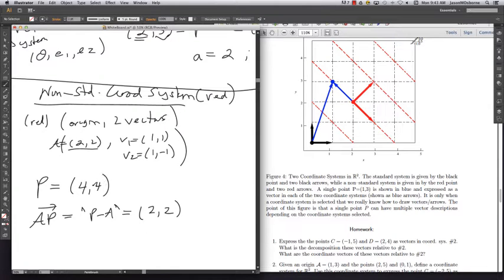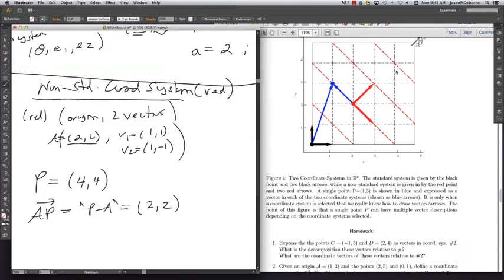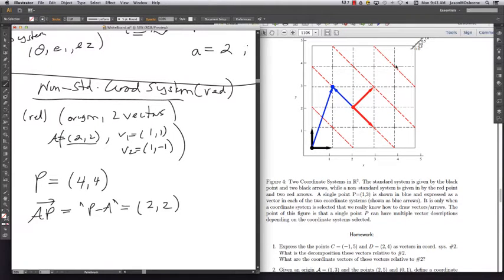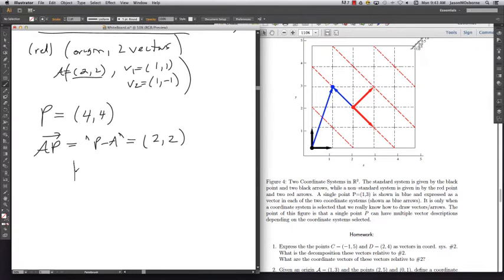This is point P minus point A, so here's your vector A to P. Over here, our origin is A, and the point P is over here. With our coordinate system, we have to draw vectors from that origin, so our vector is (2, 2).